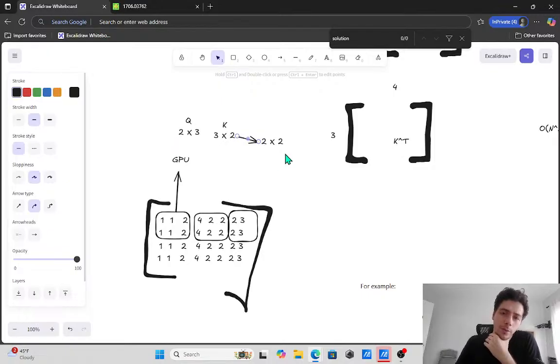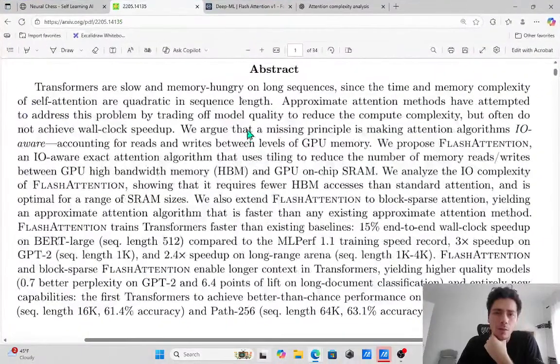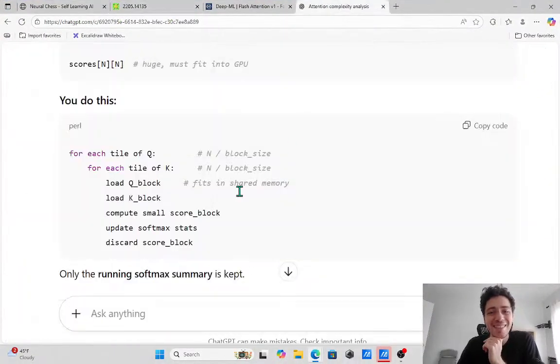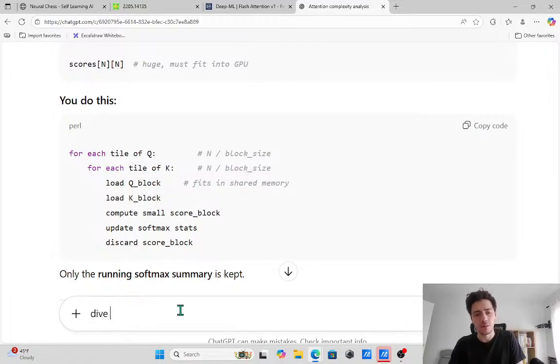So I send this to the GPU, and I get this 2x2 matrix. I'm saying if you're getting a 2x2 matrix, you're doing the softmax, update softmax stats. Give me an example.